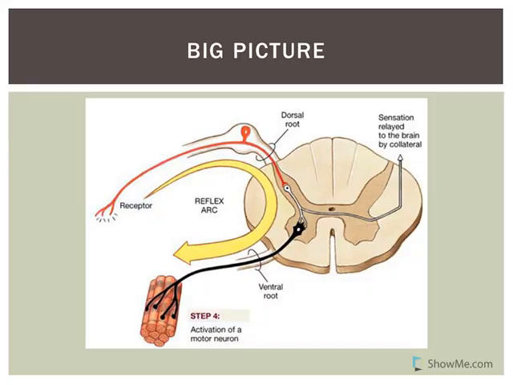So here is a picture that gives you a big picture of the same thing we just talked about. This is showing a reflex. Say you touch a hot pan: the pain receptor, which would be right in here, is going to be sending the information towards the central nervous system.